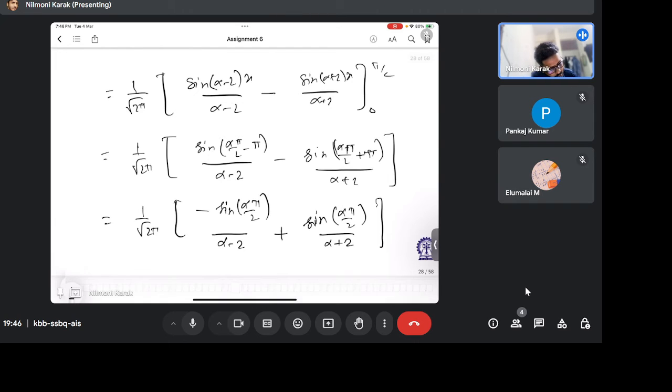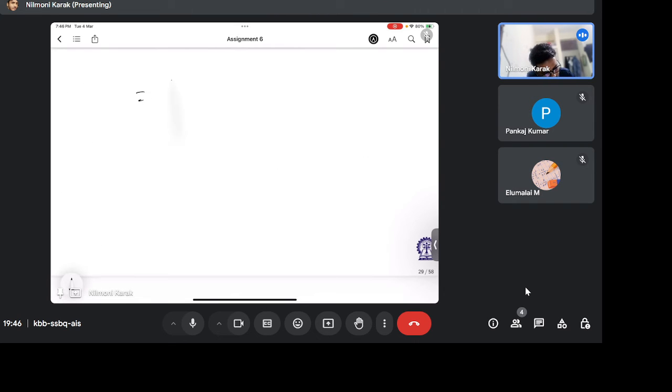Now I can take common 1 by root 2 pi sine alpha pi by 2 into 1 by alpha plus 2 minus 1 by alpha minus 2.